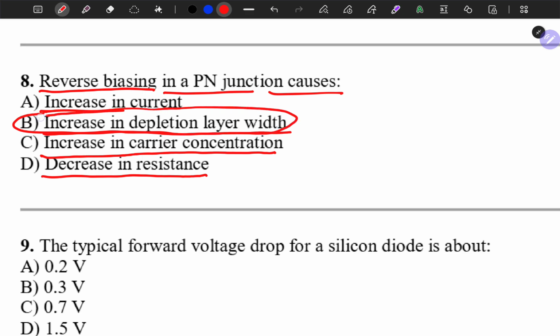Option D, decrease in resistance, is applicable in the case of forward bias. In reverse bias, we have an increase in resistance. Increase in carrier concentration and increase in current are the effects of forward bias. So B is the correct option here.